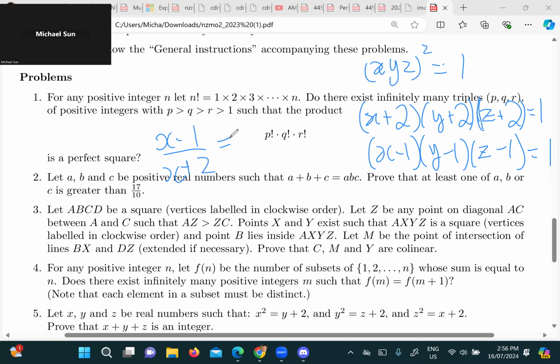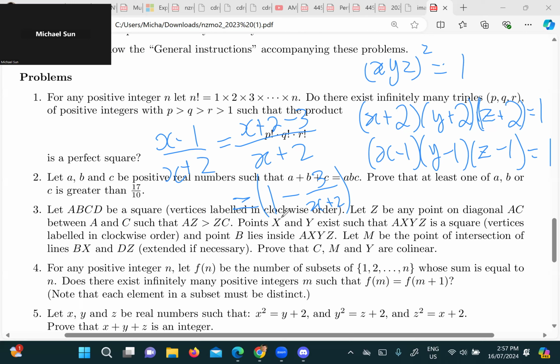That equals (x plus 2 minus 3) on (x plus 2), right? And this is 1 minus 3 on (x plus 2). Do you agree? So if that's positive, then they're all 1 minus something. And 1 minus something, times 1 minus something, times 1 minus something shouldn't equal 1. It should be less than 1. So they can't all be positive.